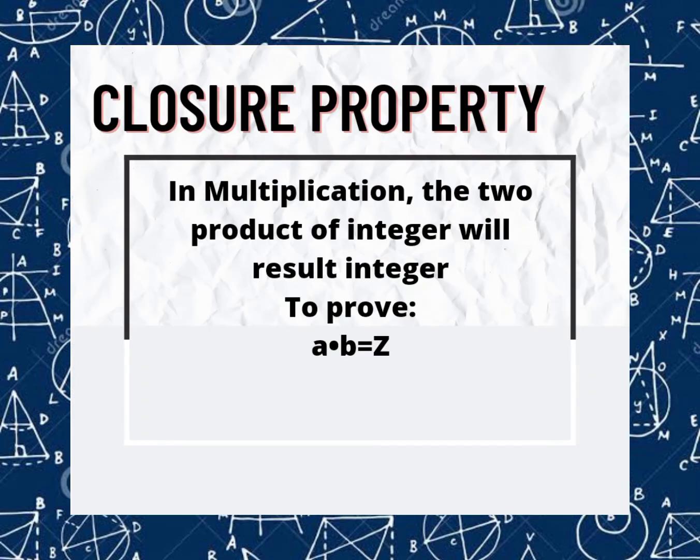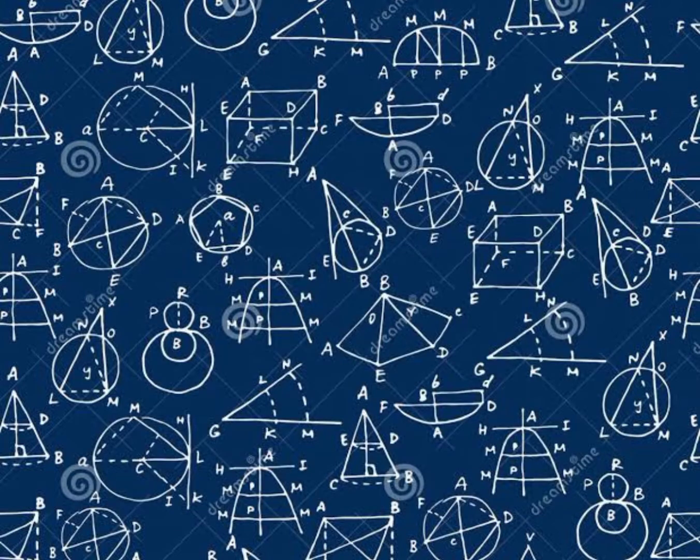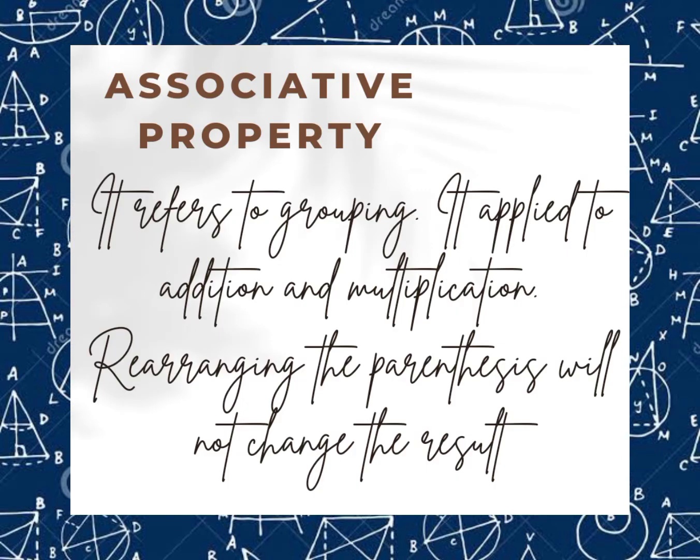The product of two integers will result in an integer. To prove, a times b is equal to any integer. This property does not hold for division because the result could be a non-integer. The second property of an integer is the associative property.